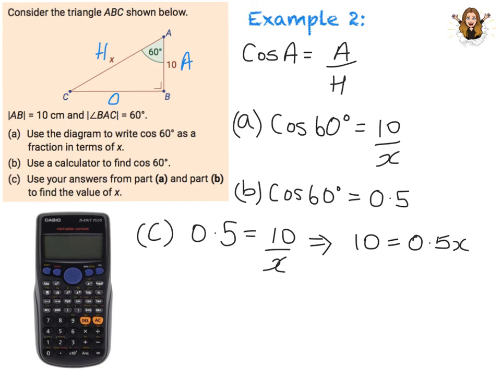Now, if you want to get x on its own, you need to divide the two numbers. So you're going to say 10 divided by 0.5 will give me x. And when you put that into your calculator, you're going to get that x is 20. And that's that question solved.